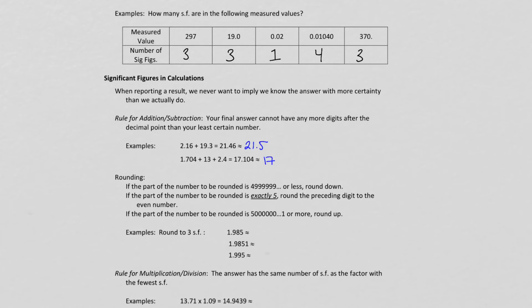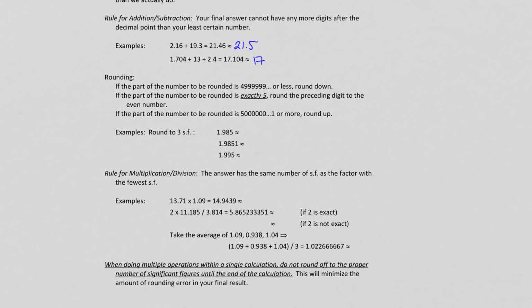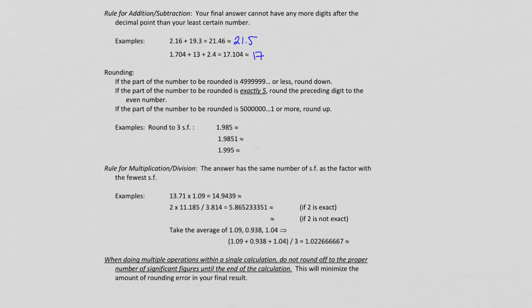Rounding rules. So, new rounding rules. In chemistry, somebody decided that we like even numbers. So we want the number to be even if at all possible.